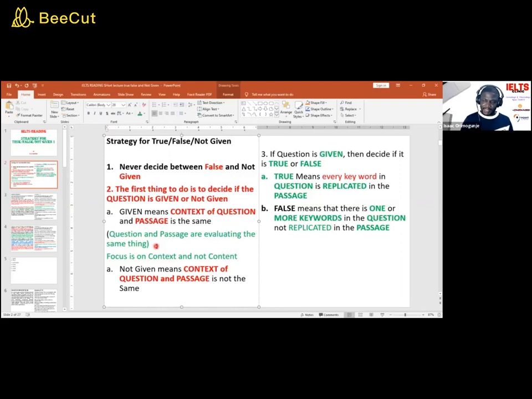Let me cite an example. Did he win a medal at the Olympics because of his talent qualities? Did he participate in the Olympics because of his talent qualities? The two sentences were evaluating different things, though they had almost the same content.